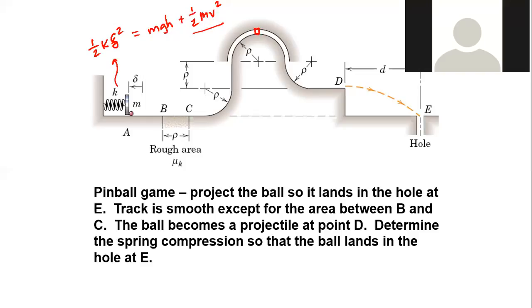Yeah. And then you also have to worry about what else? The friction from B to C. So I'd also have to add that in, and how do I include that? That would go on the left side of the equation. Okay, and what would it be? That would be the integral from 0 to rho of mu k mg dx.